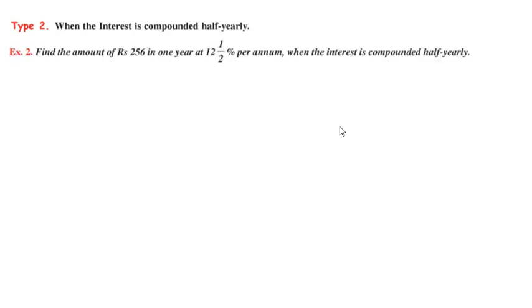Now the problem is we have to find the amount of rupees 256 in 1 year at 12.5% per annum when the interest is compounded half yearly. Now here the time is given 1 year, but I am getting interest after every 6 months. So my principal is 256, and in 1 year I have 2 half years.